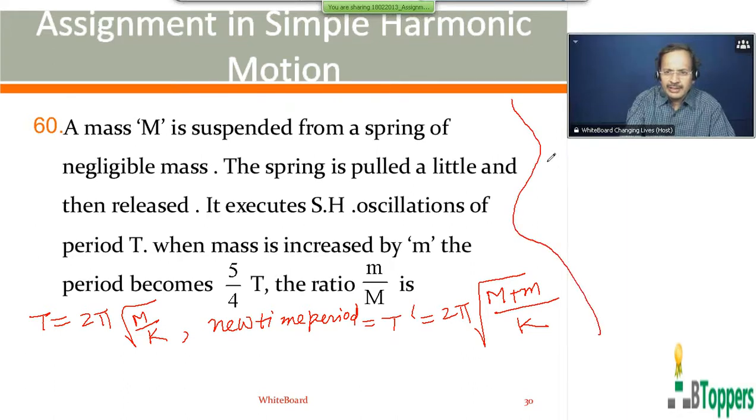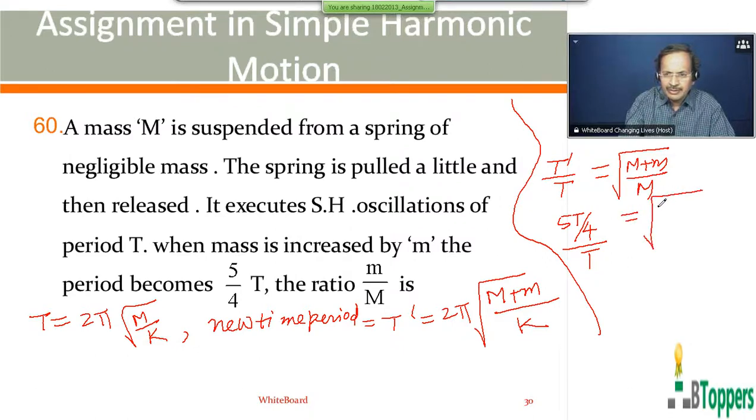So if you divide T dash by T, that will be root of capital M plus small m by capital M. T dash is given to be 5T by 4. You are asked to find the ratio small m by capital M. This you can write separately as capital M by capital M plus small m by capital M.